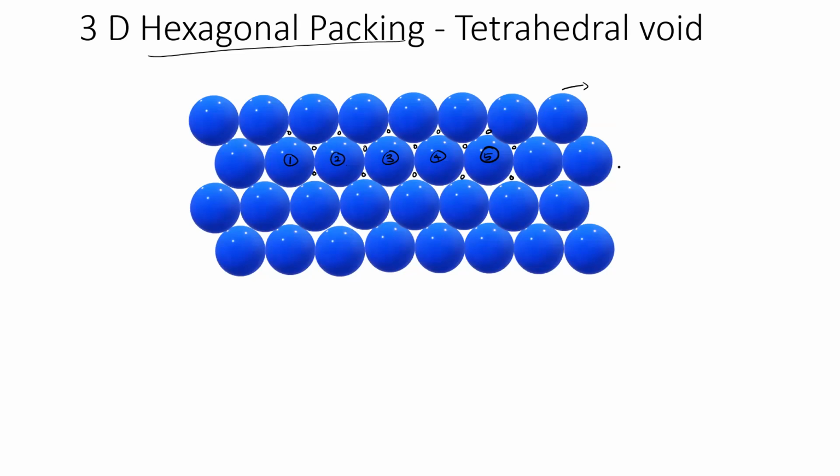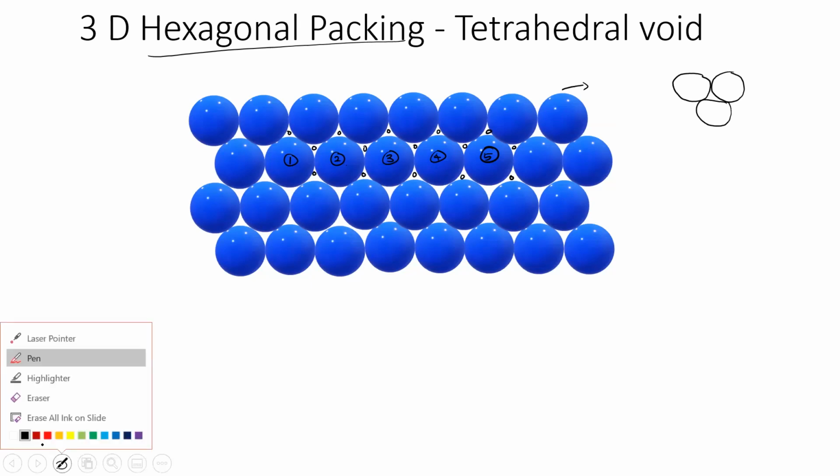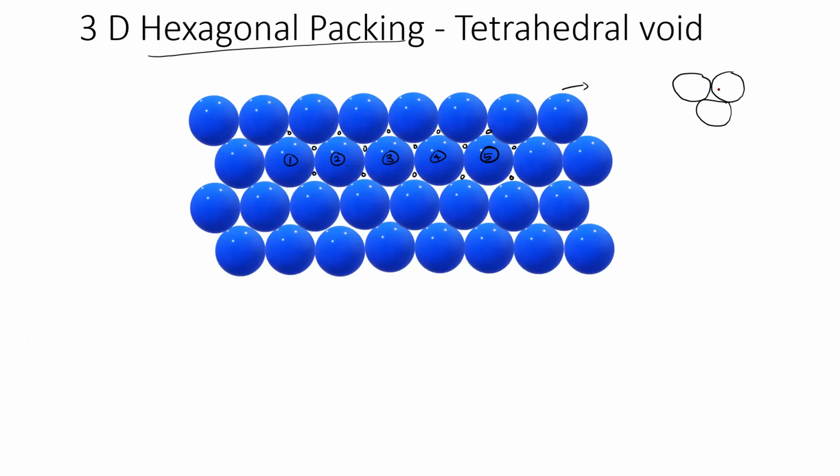Tetrahedral void means what? How can we assume the tetrahedral void? One atom is here, second atom is here, and third atom is here, and on top of this we are going to place one more atom. Am I right? To arrest this empty space. Is that clear? So where am I going to place it?